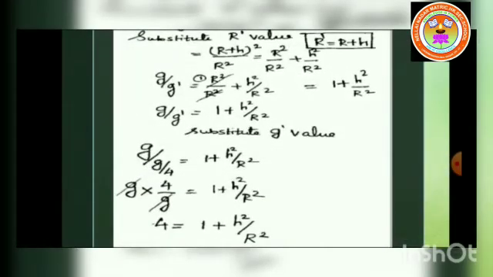Substitute the R dash value. Already we know that R dash is equal to R plus h. So instead of R dash square, we should write here R plus h whole square divided by R square. So R square by R square plus h square by R square.